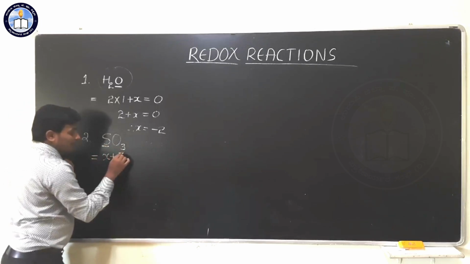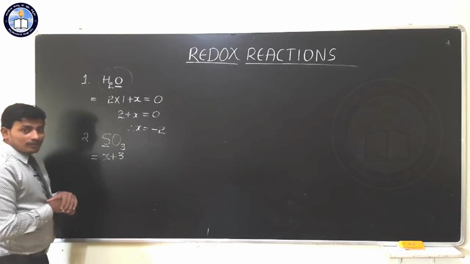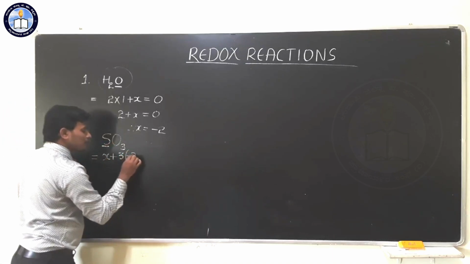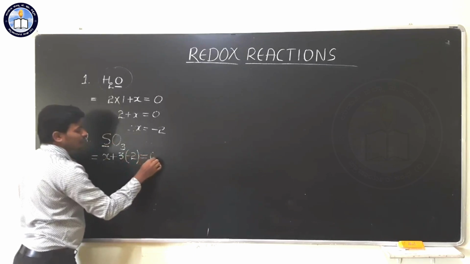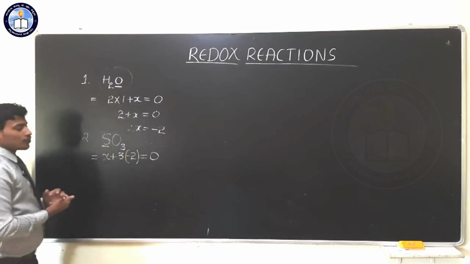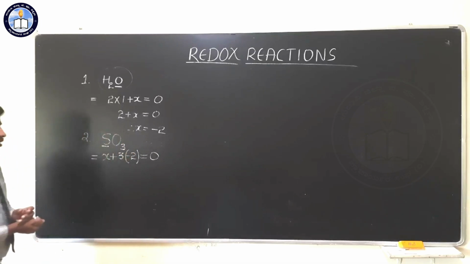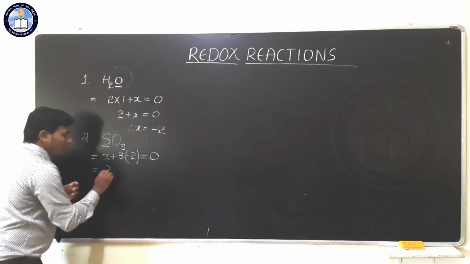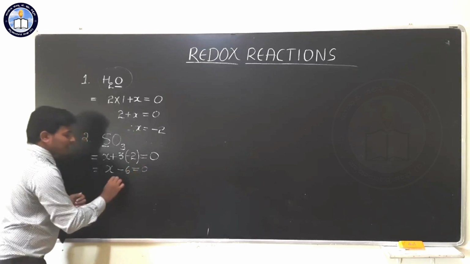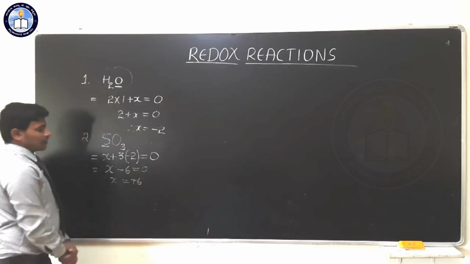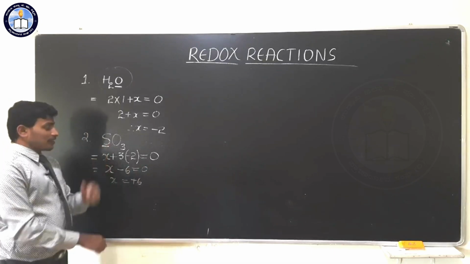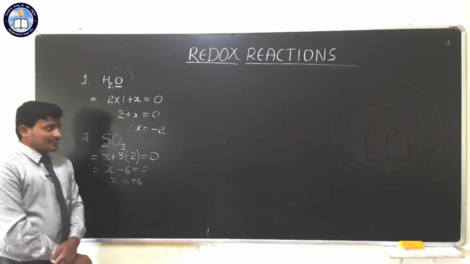There are 3 oxygen atoms, so I write 3, but the value for oxygen is minus 2, write as it is, minus 2, equal to 0, because there is no charge on this. So that is x minus 6 equal to 0, hence x equal to plus 6. Therefore the oxidation number for sulfur is plus 6.